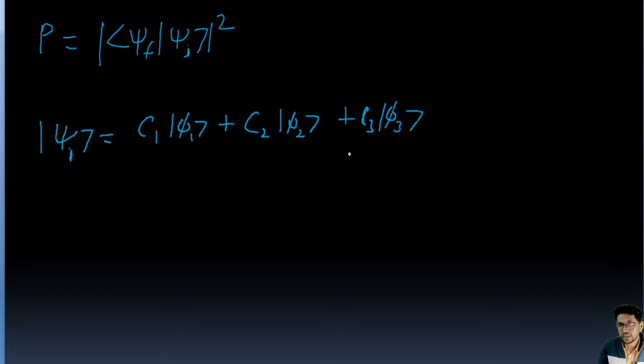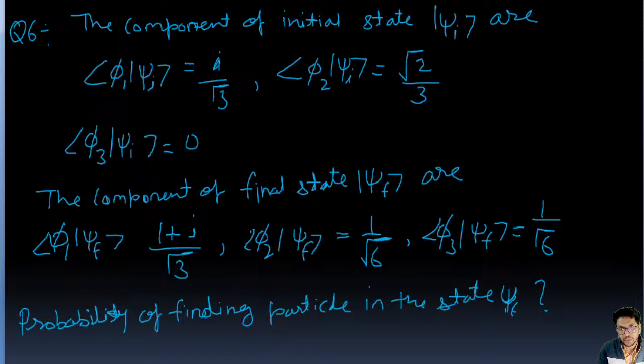This is equation one, and this is the psi I. For finding c1, how to find c1? c1 is phi 1 psi I, and this value is given, that is I upon root 3.